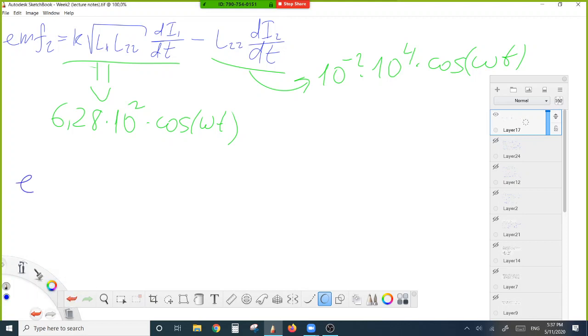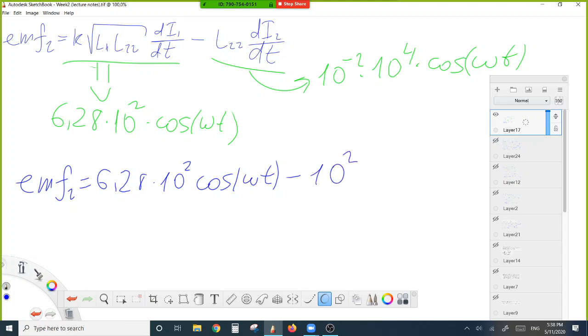Finally, electric motive force 2 equals 6.28 10 to the 2 cosine omega t minus 10 to minus 2, 10 to plus 4, 10 to second power cosine omega t.